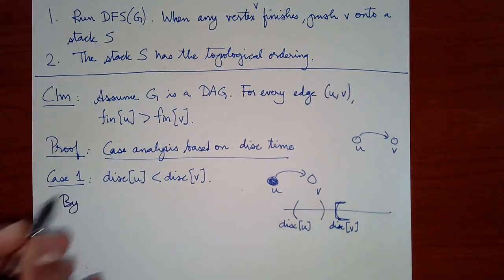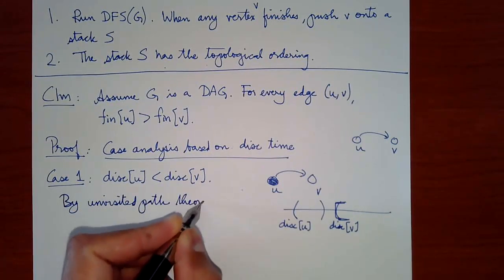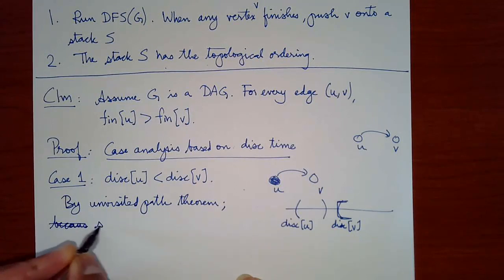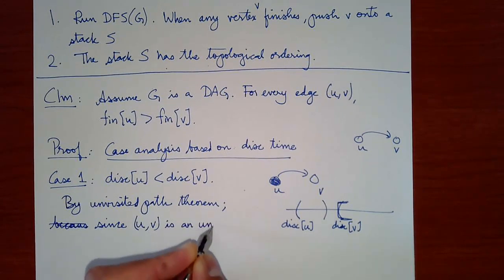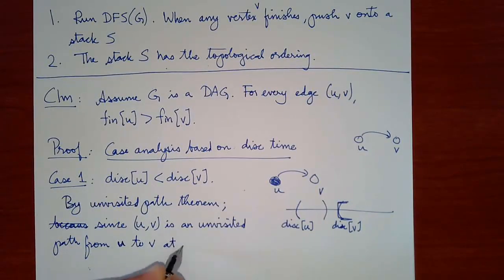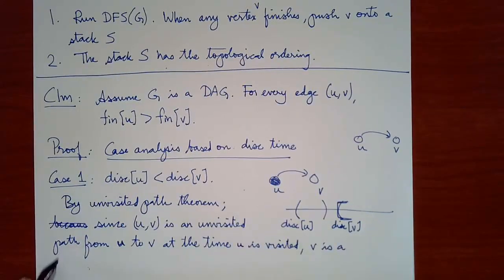So we say by the unvisited path theorem, since UV is an unvisited path from U to V at the time U is visited, V is a descendant of U.